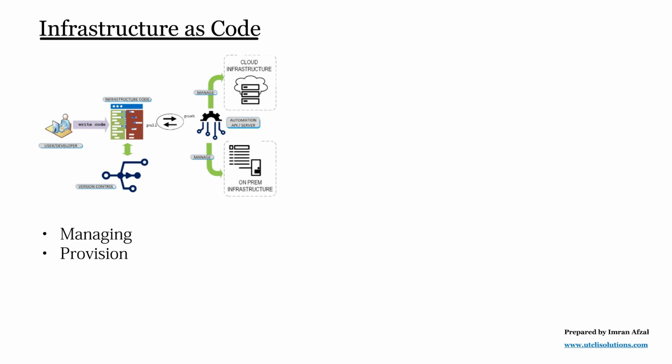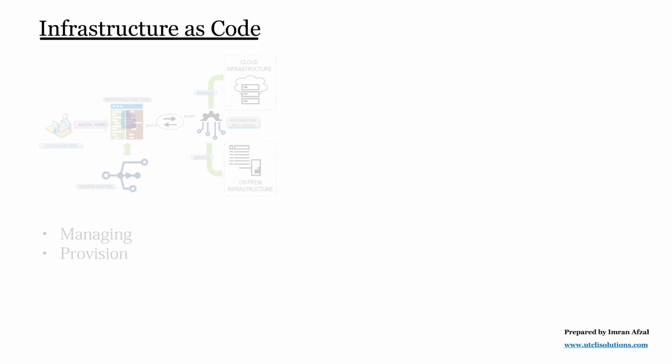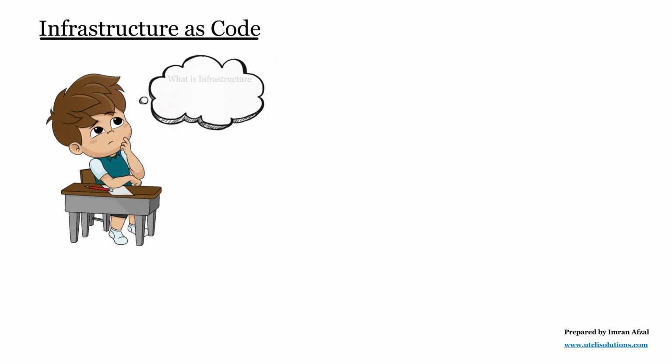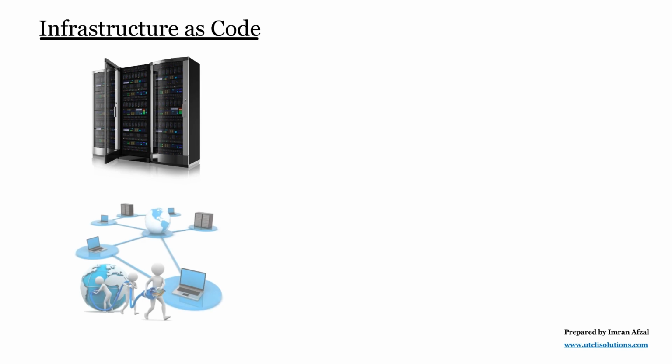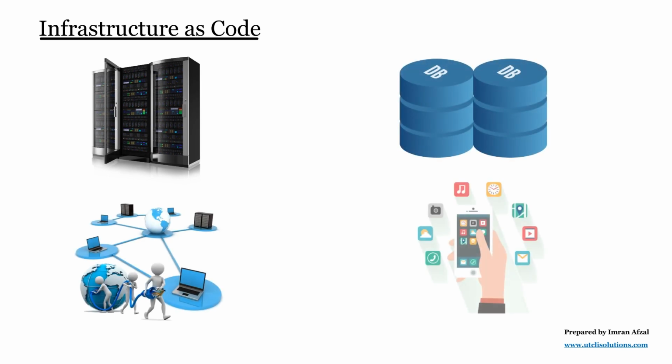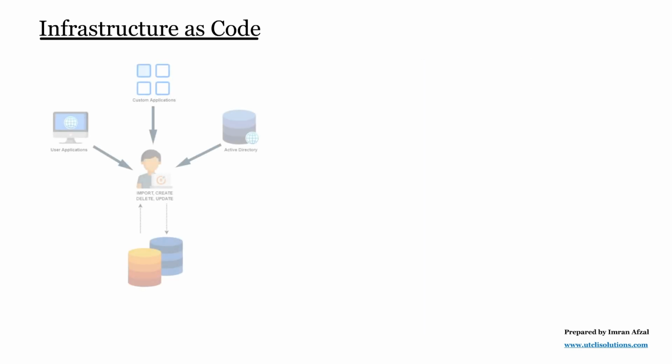Now let's describe this in more detail. First, what is infrastructure in IT? Infrastructure includes resources such as servers, networks, databases, or applications. And provisioning means to configure or set up these infrastructure resources.